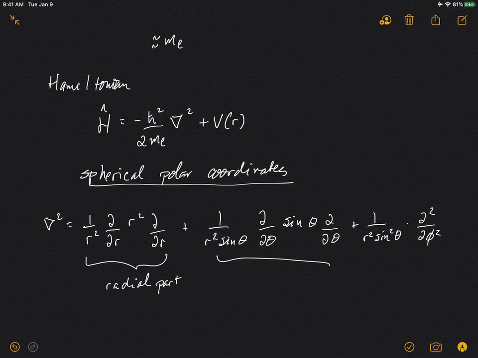And this we previously said was the Legendrian, or the angular part.